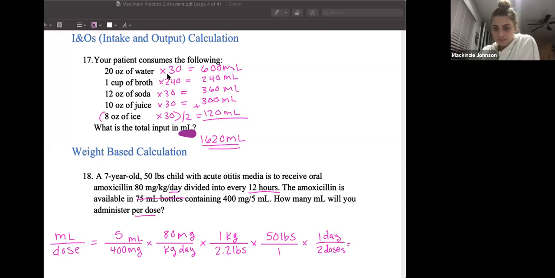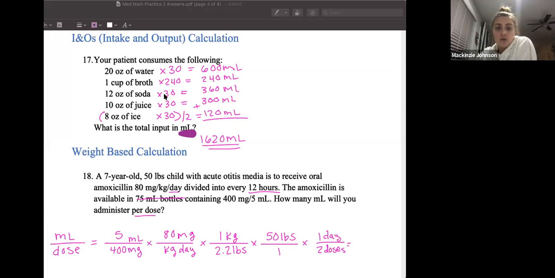We know that 1 ounce is 30 milliliters, which is on our conversion table. So we'll times 30 by 20, which is going to give us 600 milliliters. Then 1 cup of broth, we'll times it by 240 milliliters, but we already know 1 cup is 240 milliliters, so it's just going to stay as 240.